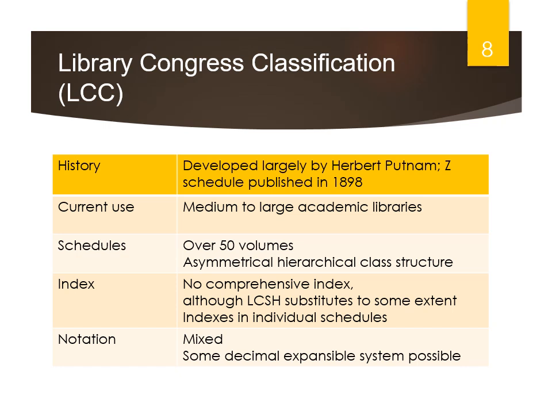The LCC began publication in 1898 and was mostly complete by 1910. The scheme contains 21 main classes that are published in over 50 volumes. The LCC is published both in print format and in an online version, available through the Library of Congress's subscription-based service, Classification Web.